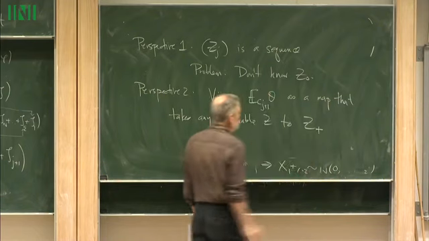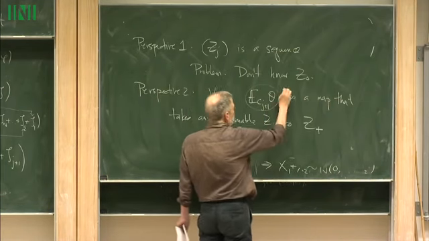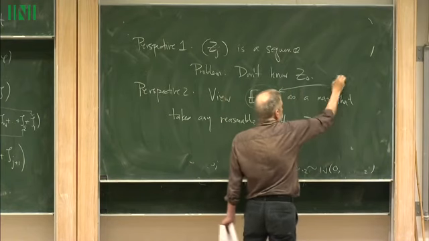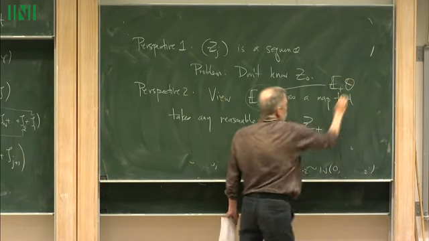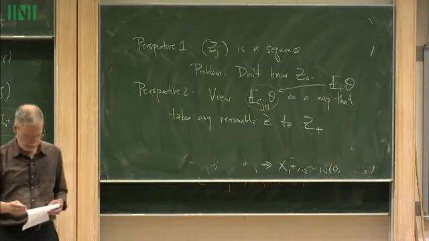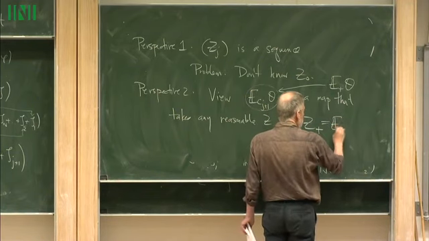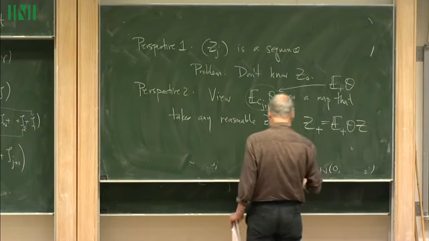And I'm going to make an abbreviation in the notation where I'll just write this as E plus theta, like adding one scale, going to the next scale. So this Z plus is E plus theta Z.